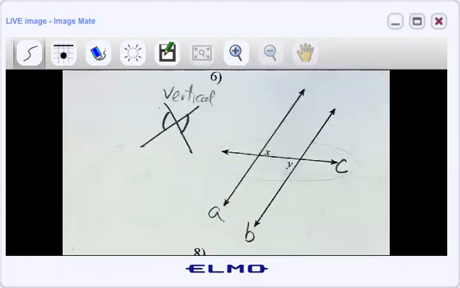If they alternate, if one's above, one's below, one's to the left, one's to the right, then I'm going to pick alternate. So what do I have in this example? Do I have both angles on the same side of line C or alternate sides?